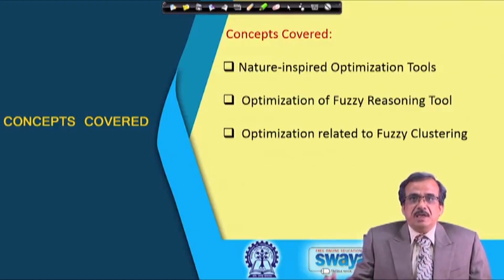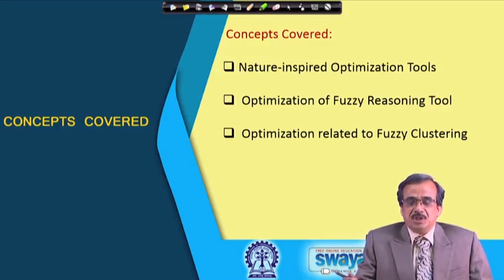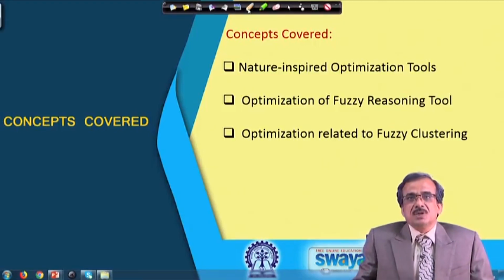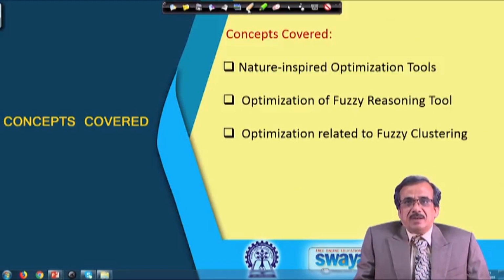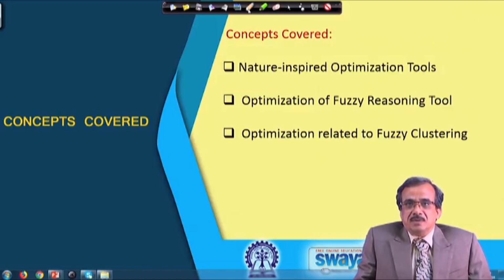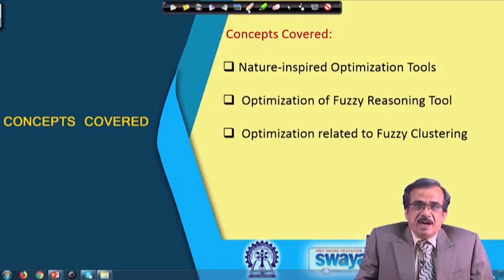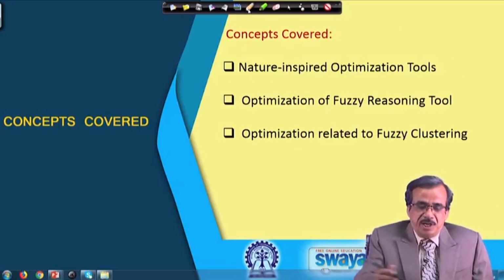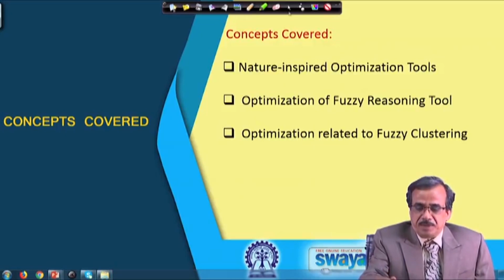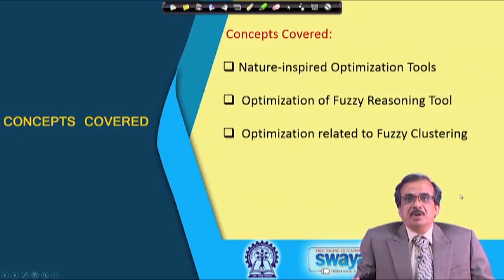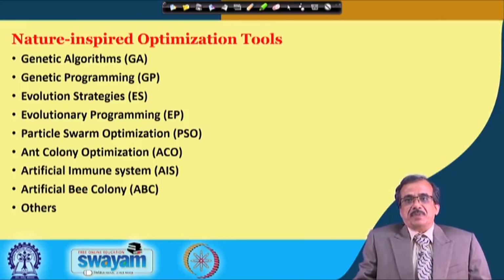At first, I will give a brief introduction to the nature inspired optimization tools, and after that I will concentrate on how to optimize the fuzzy reasoning tool, and at the end we will deal with optimization related to fuzzy clustering. Now, let me start with the nature inspired optimization.